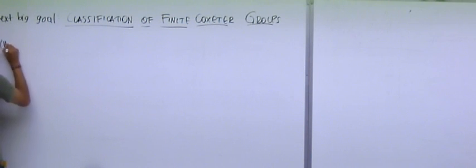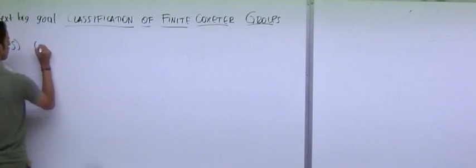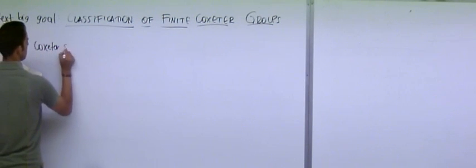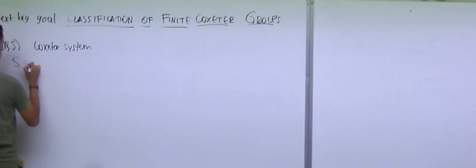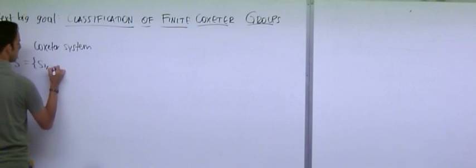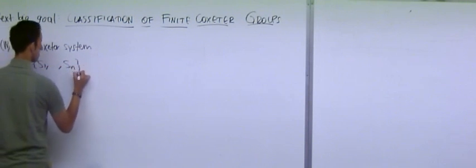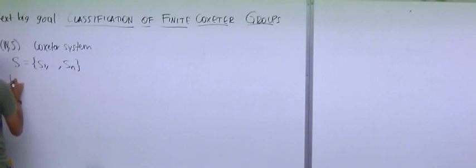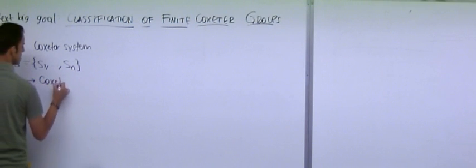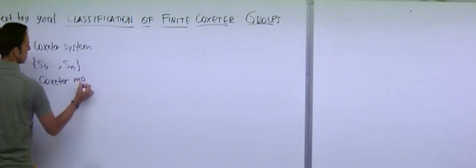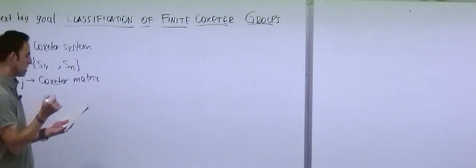So let me take the point of view now that I have a Coxeter system, and let me call the generators S1 up to Sn. And let's say that I have a Coxeter matrix, so m_ij is the order of s_i s_j.